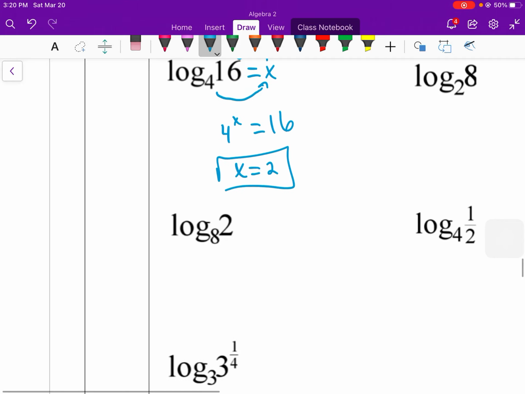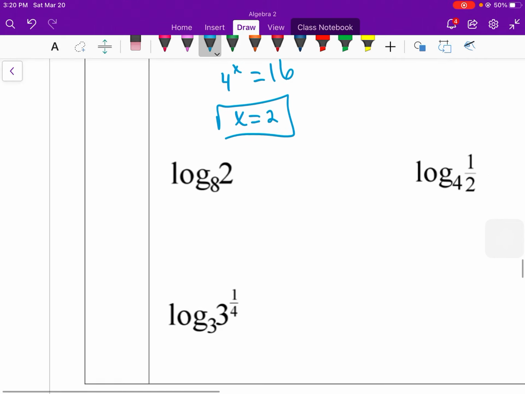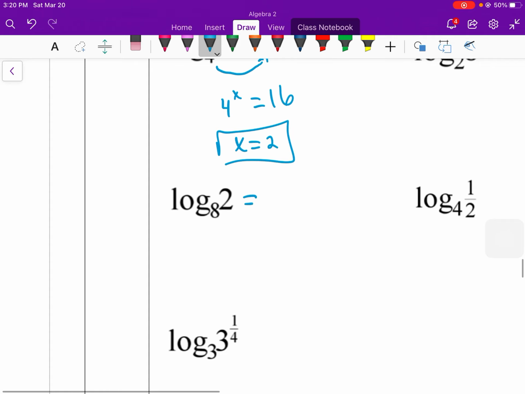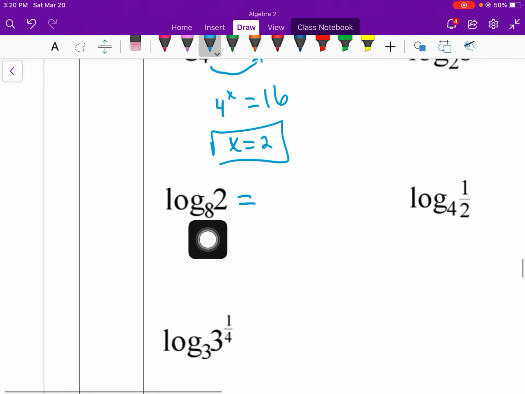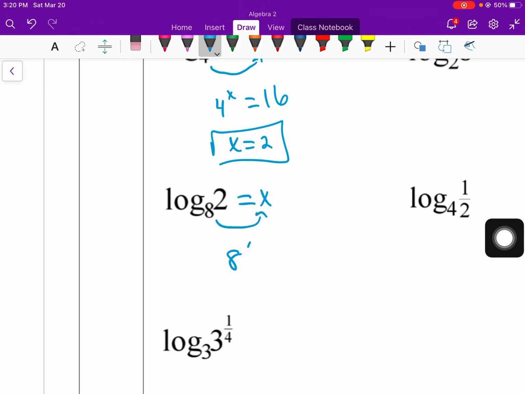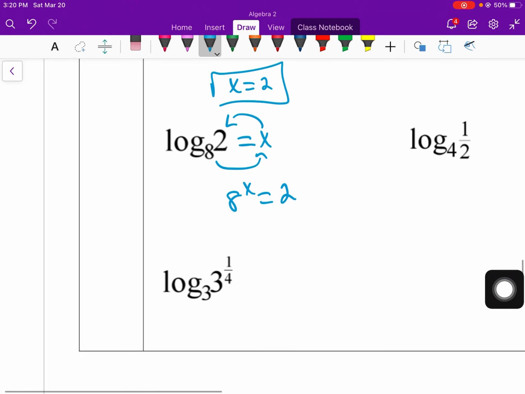Let's now look at one where we're gonna maybe do a root function. So we go a whole number that's bigger to smaller. So this will become 8 to the power of x equals 2. So we see that we need a root because we're decreasing in a value here.